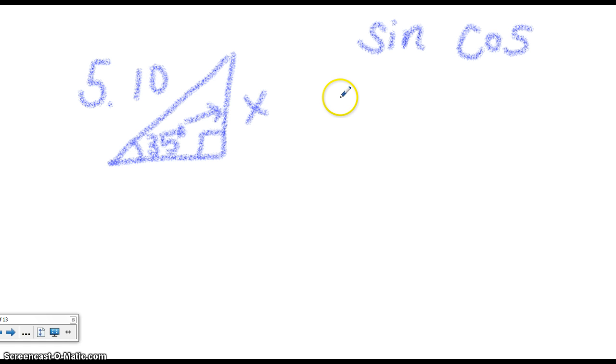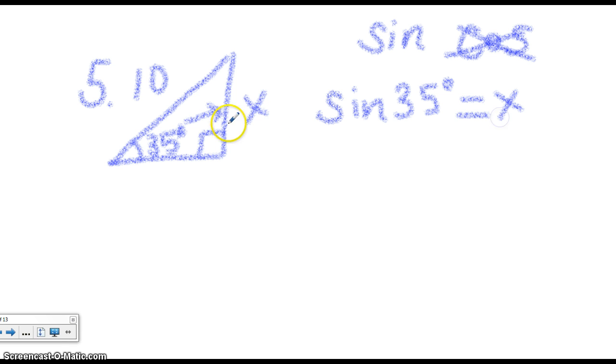The trig function that deals with opposite and hypotenuse is sine. Cosine deals with the adjacent. So we set up an equation. We're going to figure out the sine of 35 degrees. The sine of 35 degrees has to be equal to x, the opposite, over the hypotenuse.